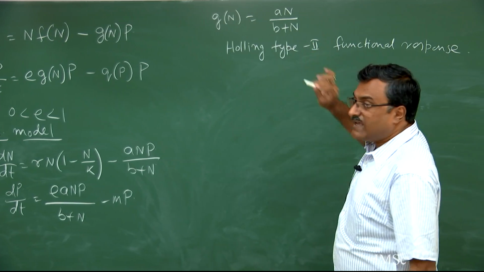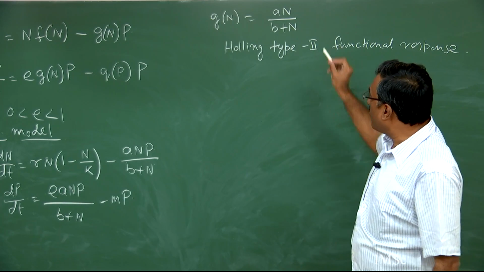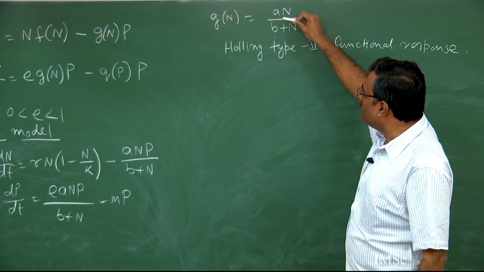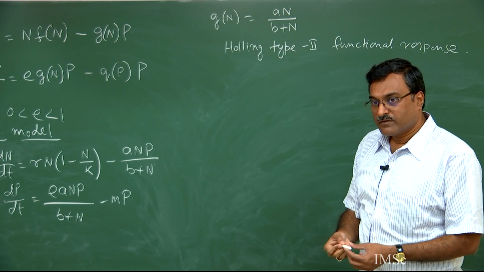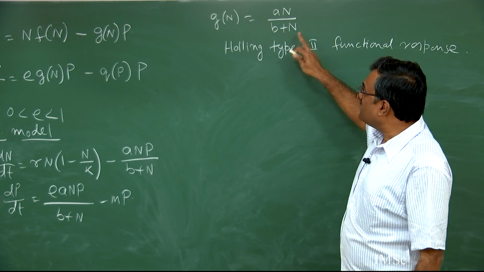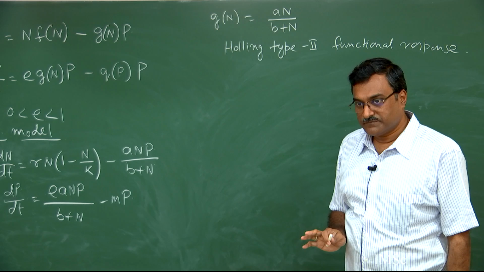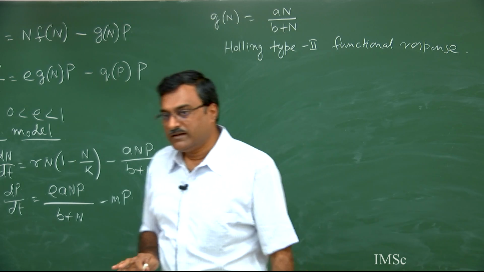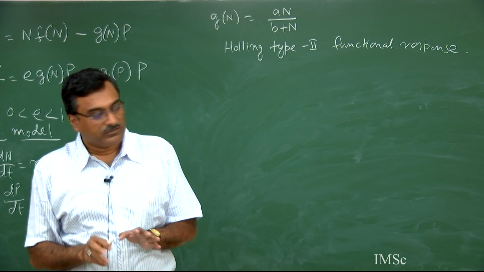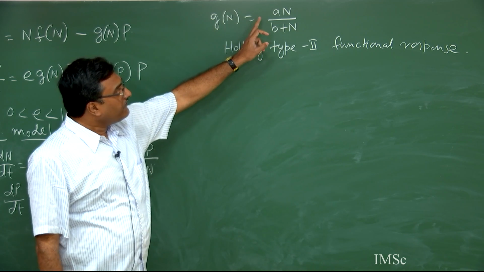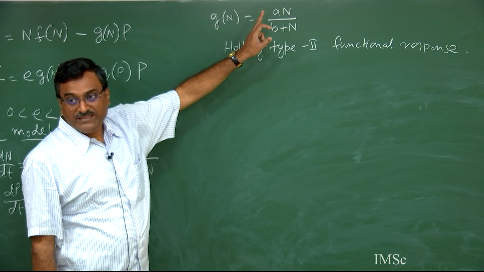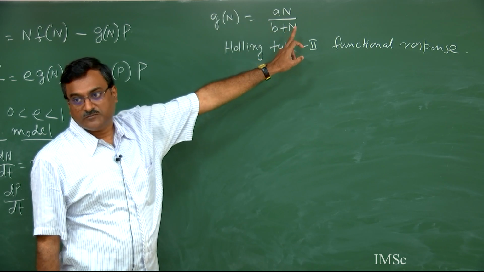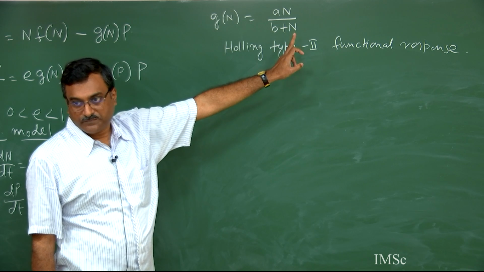Now the question is from where, or with which kind of assumption, we derive this kind of functional response. Now I will give you the derivation that the rate of predation by the predator follows this particular functional response.